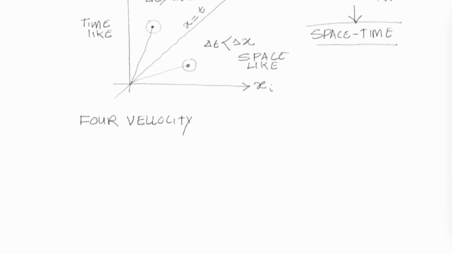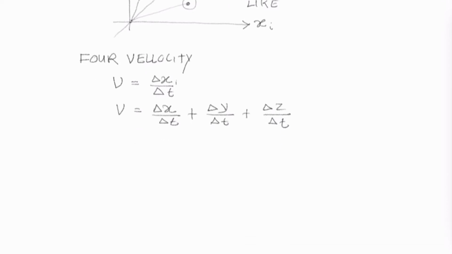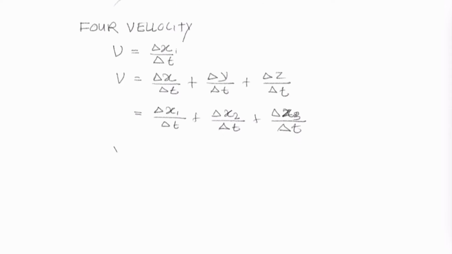Ordinary velocity is expressed as delta x over delta t. The three-dimensional notion of velocity. So it can be expressed as delta x over delta t plus delta y over delta t plus delta z over delta t. x, y, z are the components of the velocity, which can also be expressed as delta x1 over delta t plus delta x2 over delta t plus delta x3 over delta t. x1, x2 and x3 represent x, y, z.